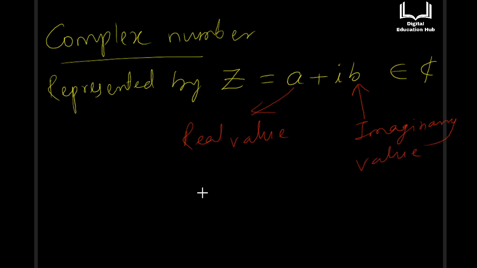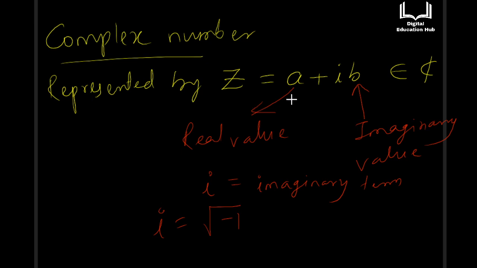And what is i? i is the imaginary term. So that is the complex value. Here the value of i is root of -1.